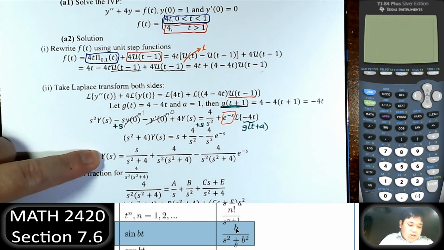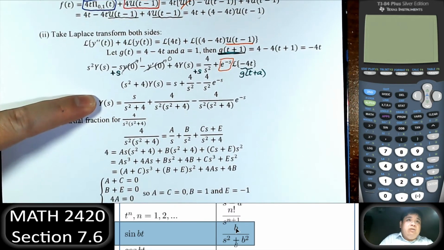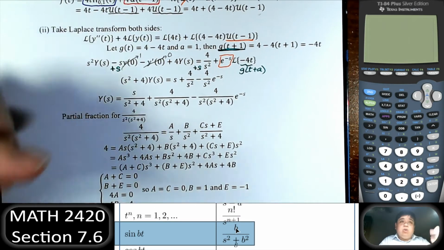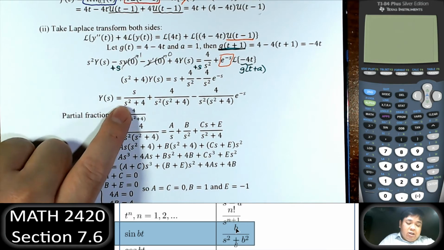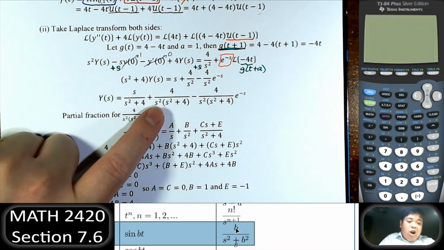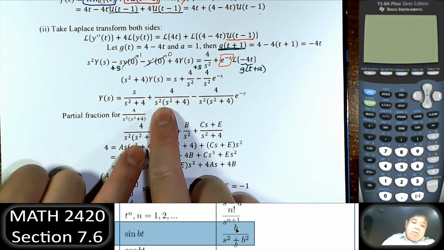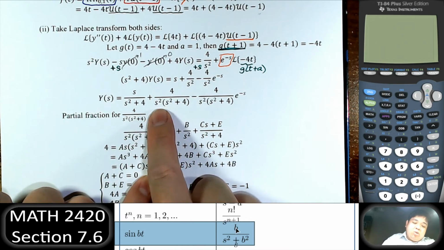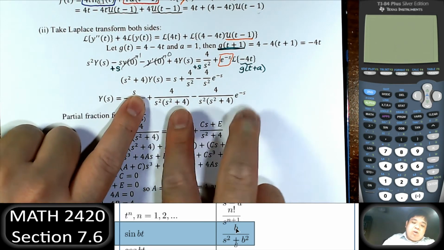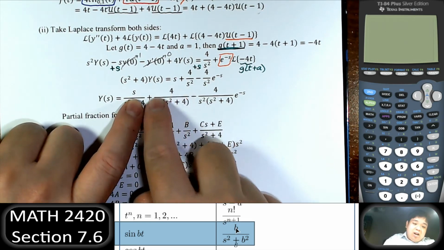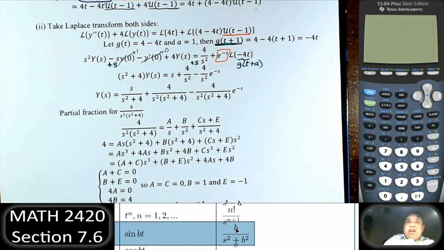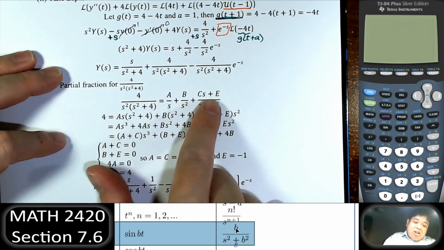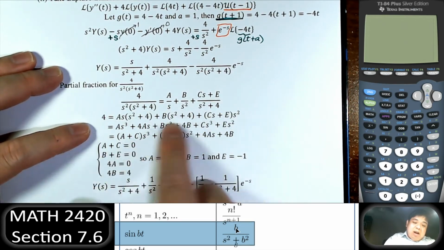Once we have the function, we will find the inverse transform of this to get the answer. By the way, before we do that, we'll find the partial fraction of 4 over s squared times s squared plus 4, because those two are the same. If I can find the partial fraction for that, I can have the partial fraction for that as well. Partial fraction is easy. Multiply by the common denominator.